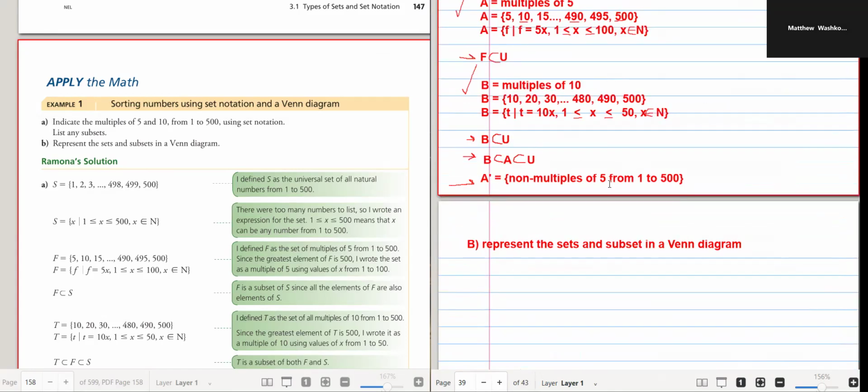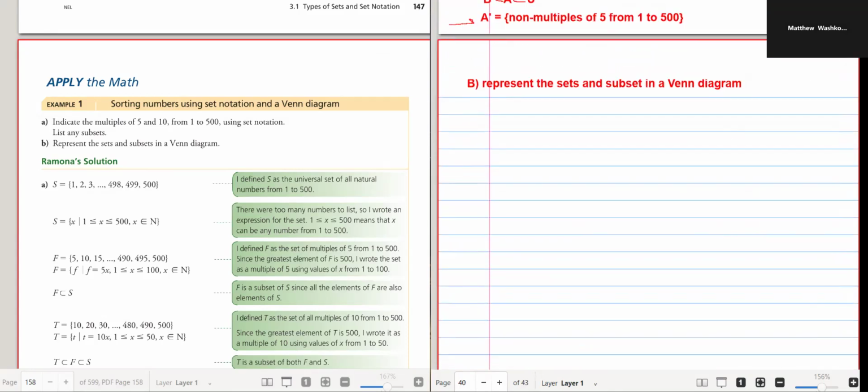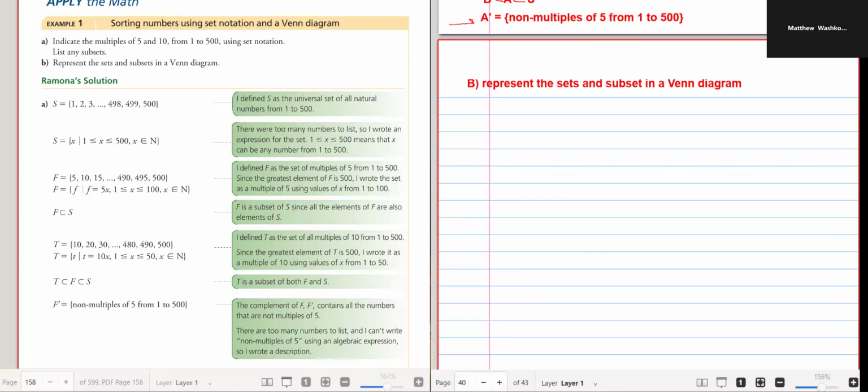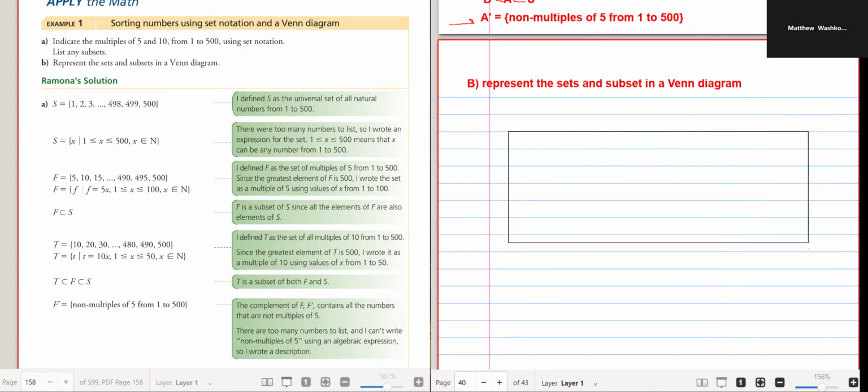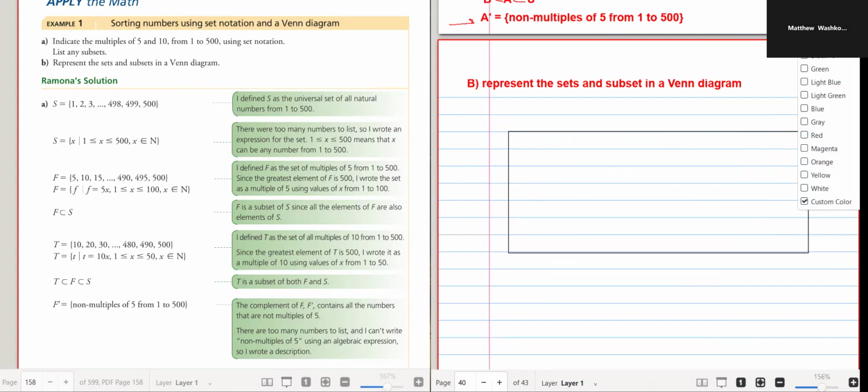So we want to represent the stuff here in a Venn diagram, those circles. First off, let's draw ourselves a rectangle.